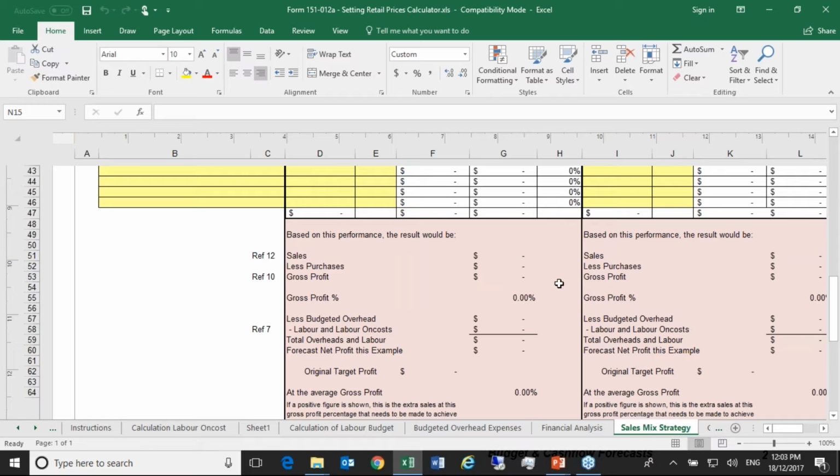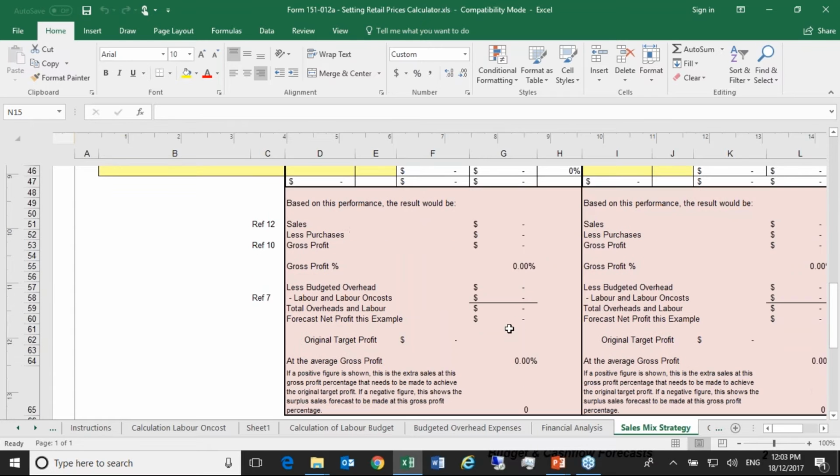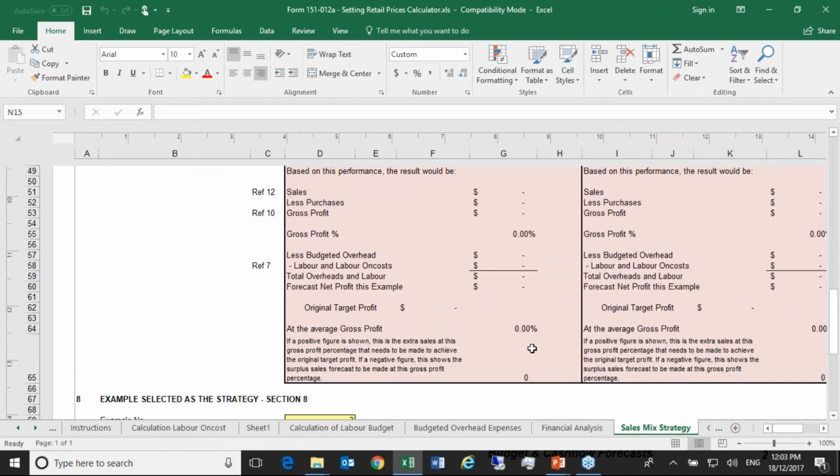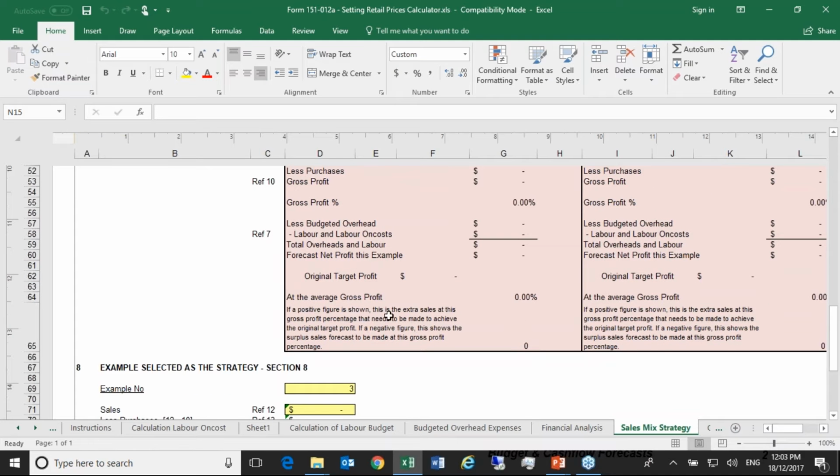And then we've got the budgeted labour and on costs and overheads and labour to give you the forecast net profit from this example. That will then be compared to what your target was, $100,000. And the system will then show you at that average gross profit what changes will need to be made to achieve your profitability of $100,000.